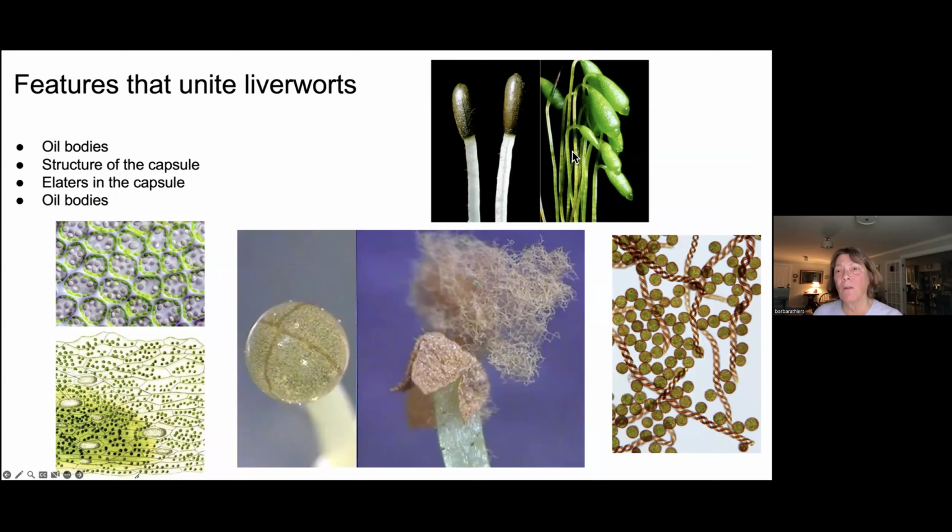They also all have a similar mechanism for opening up their capsule. At the top, you see a moss capsule, and you know it has an operculum and a peristome underneath that opens and closes. In liverworts, we just have a simple valve-like mechanism: four valves that split open when the capsule's ready to discharge.